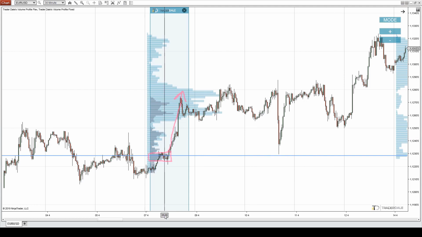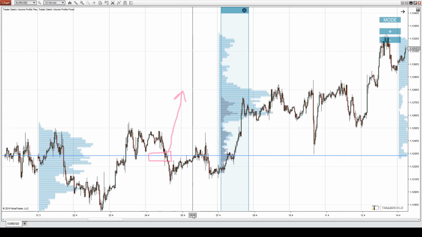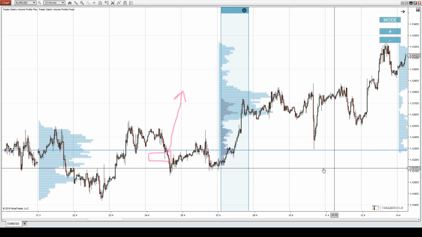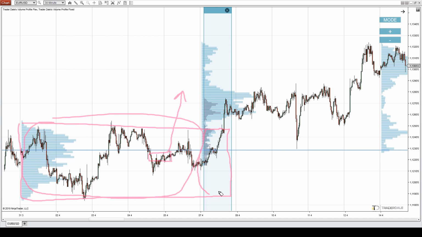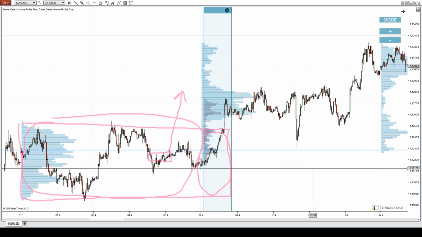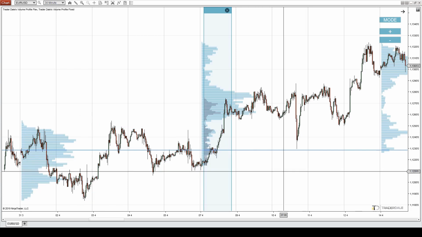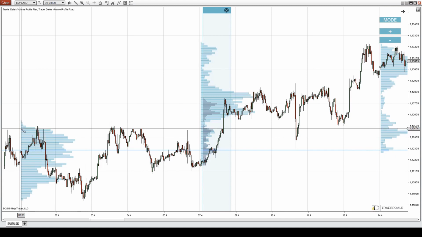And actually, let me look at the previous week's volume profile. What I want to look at is this whole area. So basically I will be merging this week with this little part to see how the volumes were distributed in this whole area.